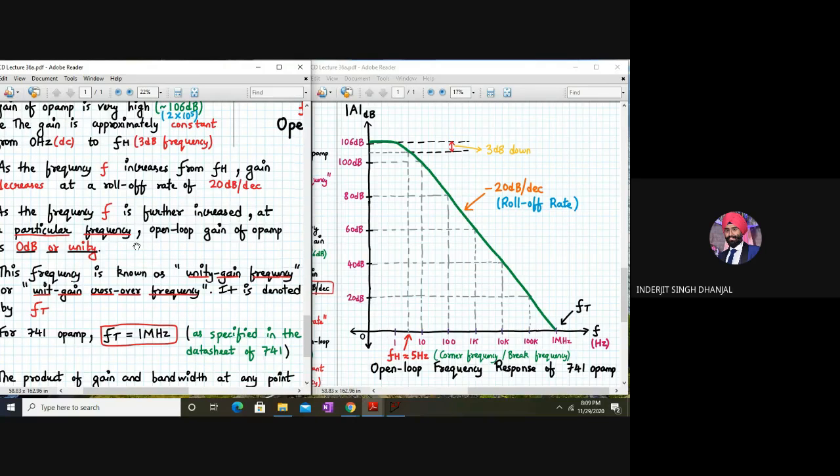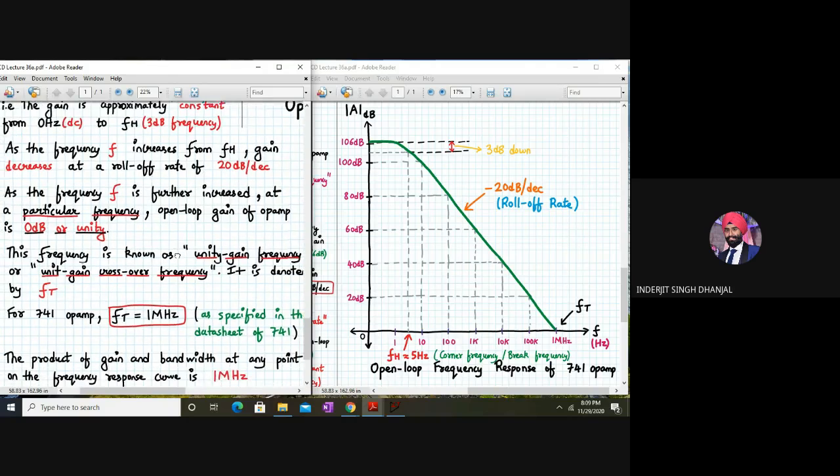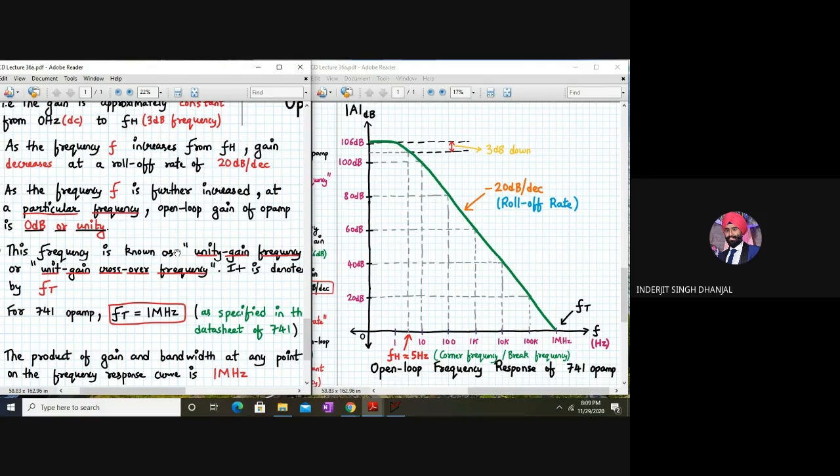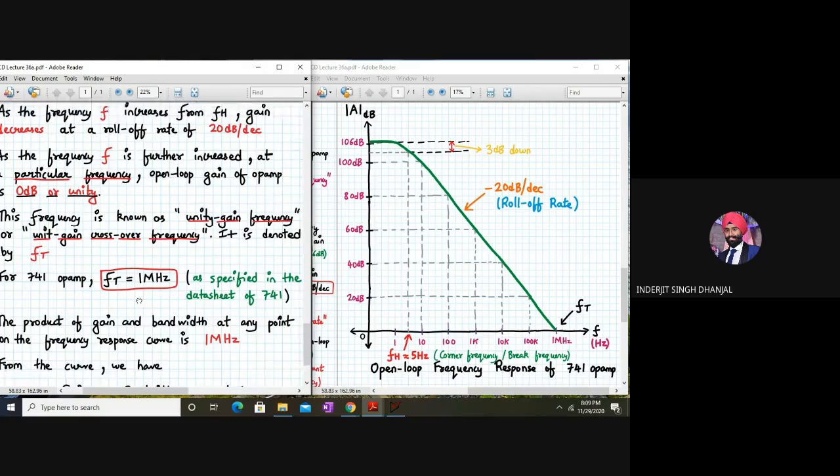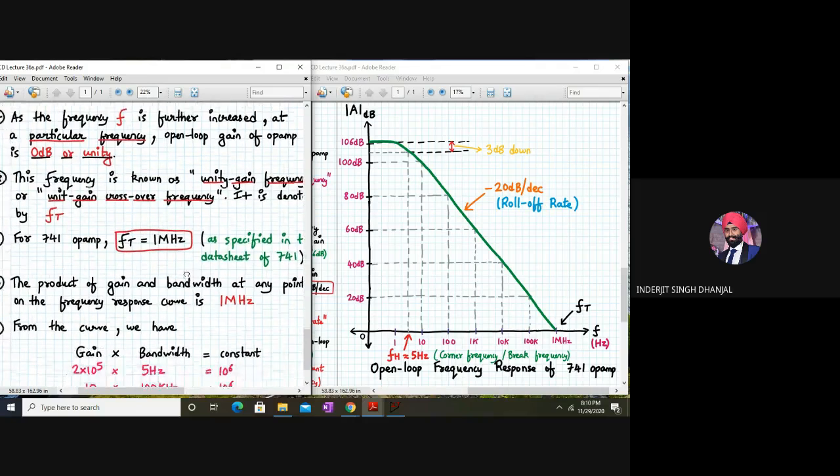Whenever the gain of the op-amp is 0 dB, or a gain of 1, it's called the unity gain frequency, or the unity gain crossover frequency, and it is denoted by fT. For 741, the unity gain frequency is 1 megahertz. This value is specified in the data sheet of 741.